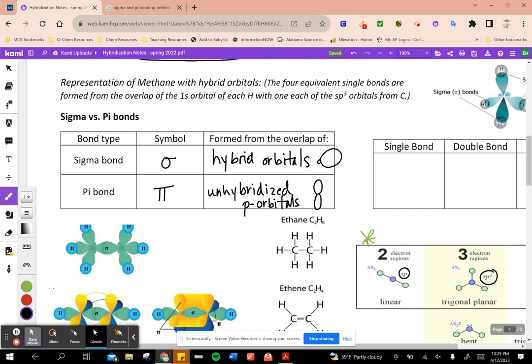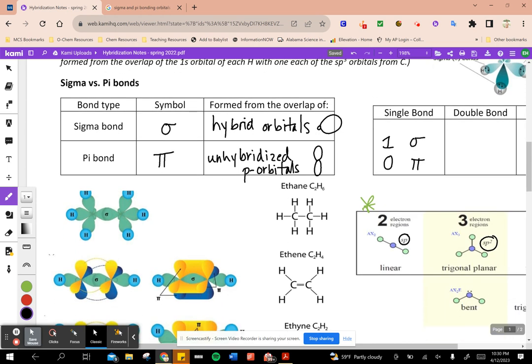If we take a look, the sigma and pi bonds are what's behind single, double, and triple bonds, if you will. In a single bond, you have one sigma bond and 0 pi bonds. An example of that is the molecule ethane, that's 2 carbons with just single bonds.